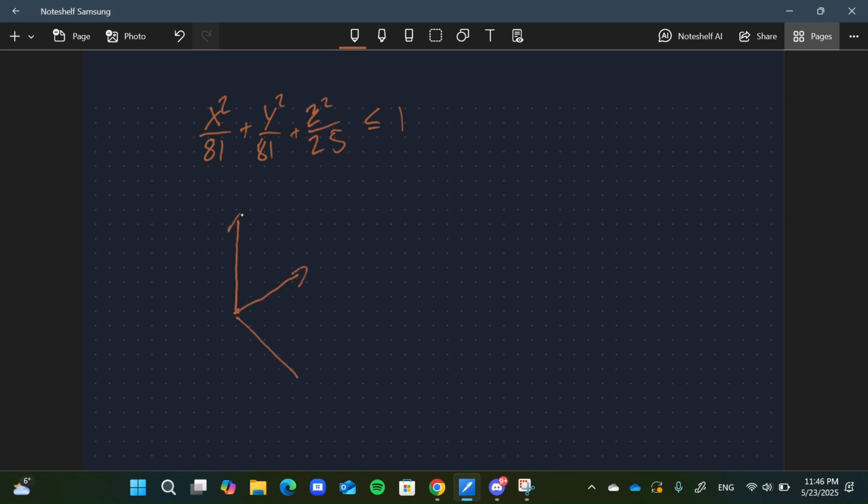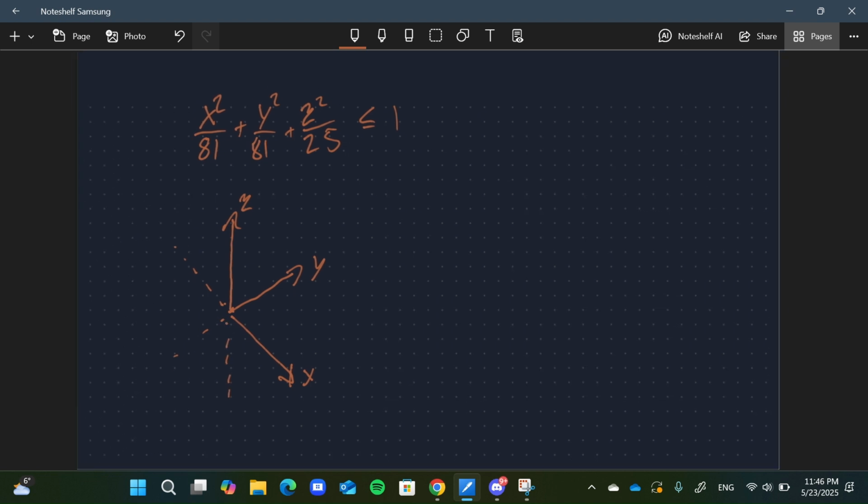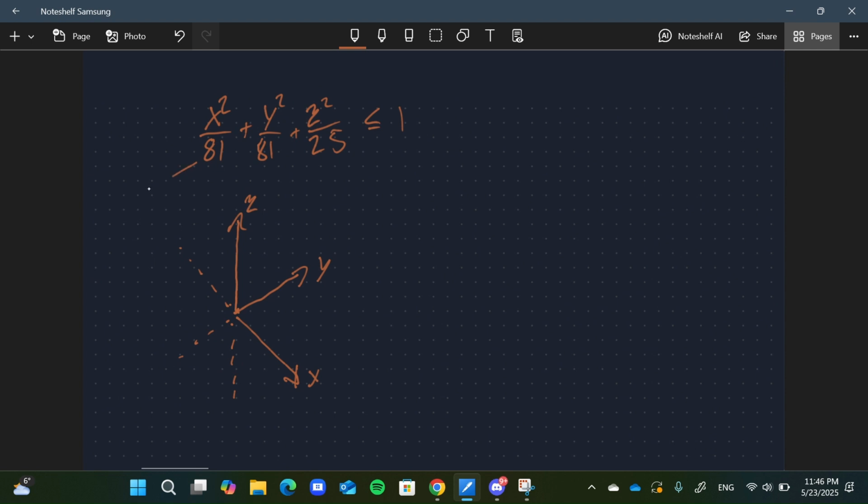This is an ellipsoid, as we stated, so we'll have the x, y, and z axes. We'll have some of these just to mark the direction here. And what we know here is 81 equals 9 squared, 25 equals 5 squared. So we'll set these bounds here, 9, 9, 5, and we'll get this shape going around like this. I guess I'll make it like that.